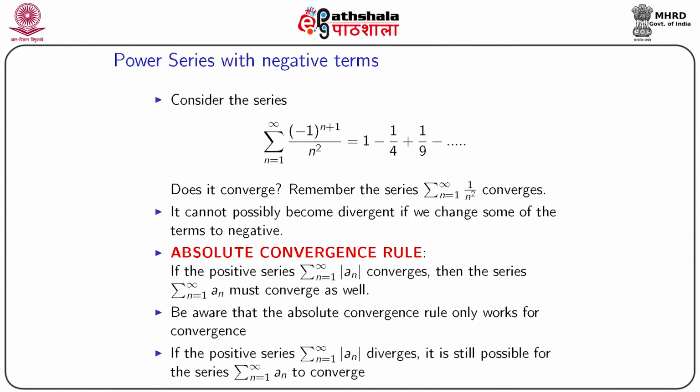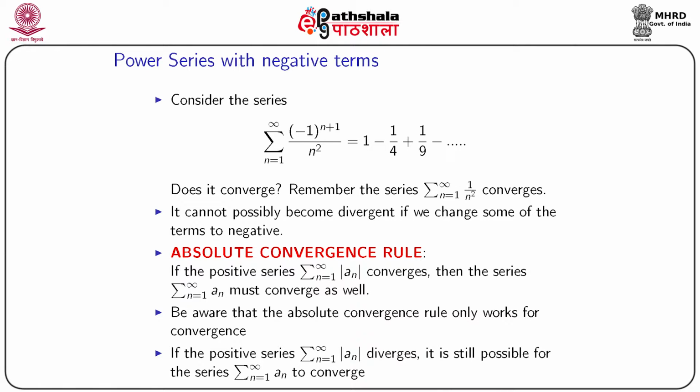Now consider the series sum of minus 1 to the power n plus 1 over n square. If I put different values of n, it will be something like 1 minus 1 by 4 plus 1 by 9 minus and so on. So the question is whether this series converges. It cannot possibly become divergent if we change some of the terms to negative.